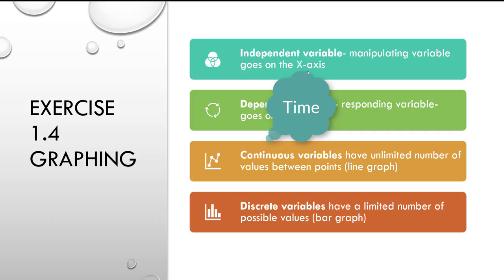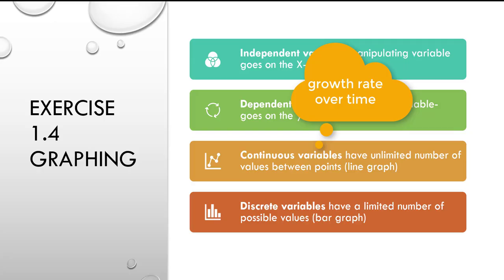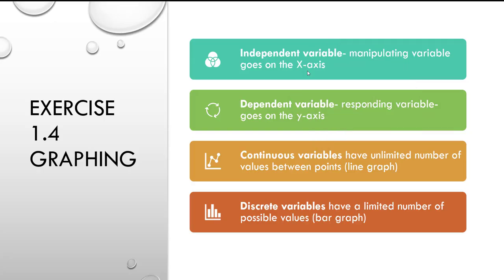If I'm measuring the growth rate of my plants over several weeks, the time is the independent variable, and then the growth rate is the dependent variable, and both of those are continuous variables because, if I go from week 1 to week 2, there's unlimited possibilities in between, right? Time does not stop. And then on the y-axis, the growth rate, it's continuous, right?